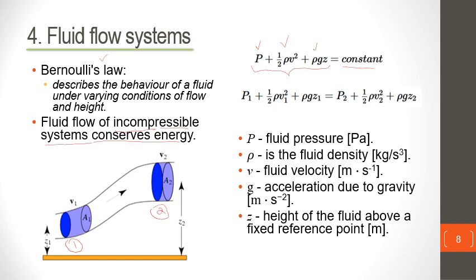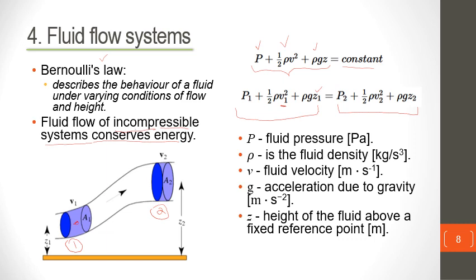if we look at these 2 points, the pressure at point number 1 plus half rho times v squared, which is the velocity, or the speed of flow at point number 1, plus rho times acceleration due to gravity times the height of that point, which is a measure of the potential energy, combined will be equal to the energy of the very same fluid when it's at point number 2.